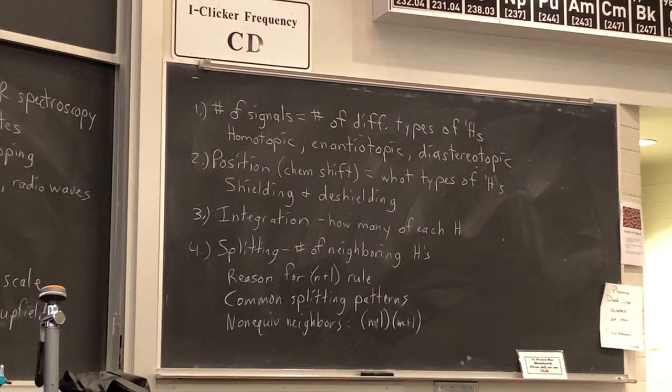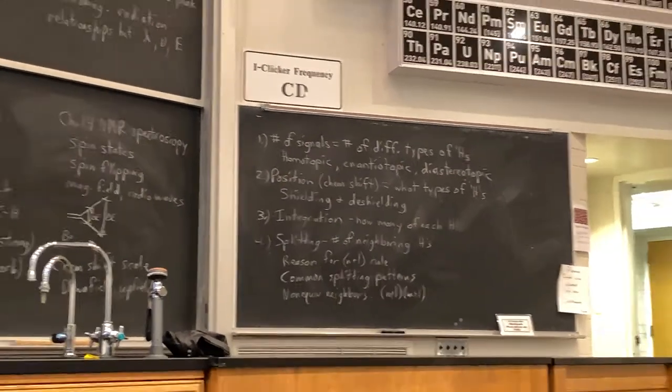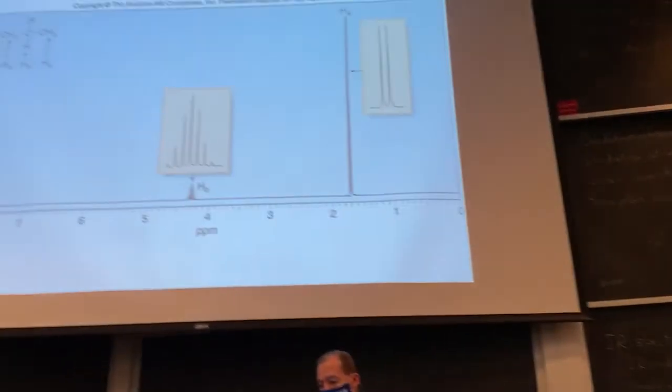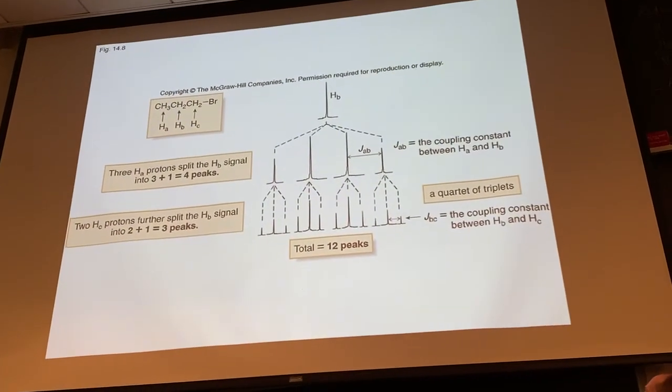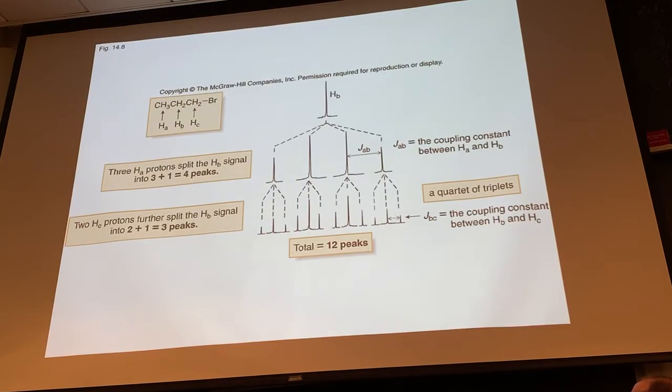Again, I'll come over here and show you the figure, where we derived the n+1, m+1 rule. This is where the non-equivalent neighbors are splitting this signal, HB in this case, differently with different J values. And so we end up with more peaks. Okay, so it's important to understand the reasoning behind this, why we obtain this.